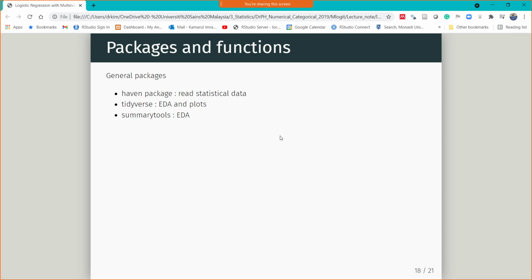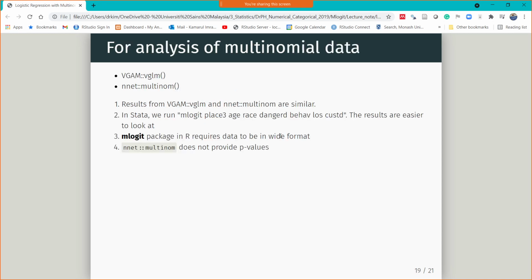You can use summarytools to do exploratory data analysis. I think it is quite a useful package for EDA. Or specifically for analysis of multinomial data, there are three packages actually.